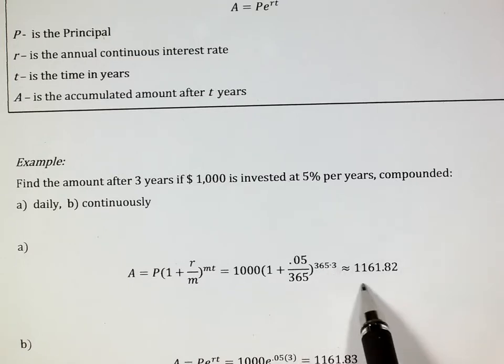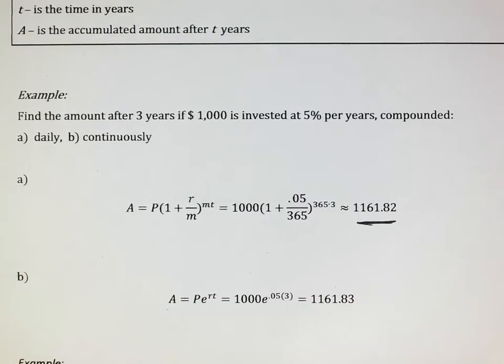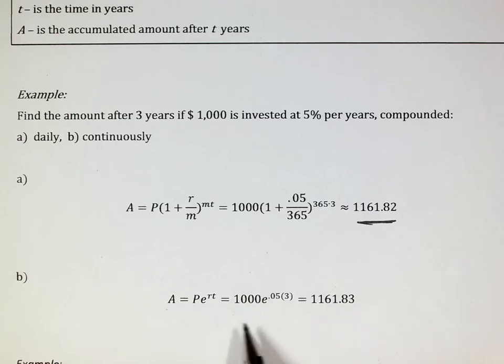And that yields $1,161.82. For the continuous interest formula, A equals P e to the rt, we have that 1,000 is what we're investing, and then e to the 0.05 times 3.